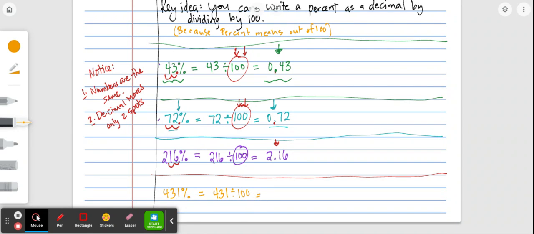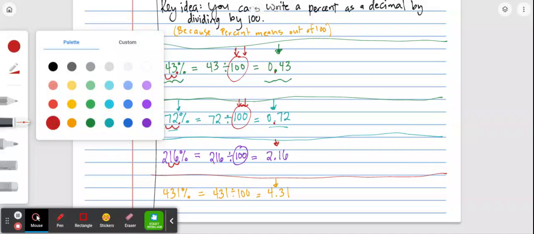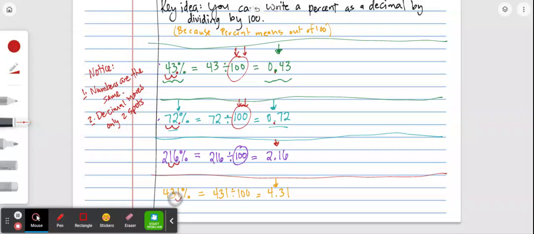And in my calculator, I'm going to notice that I get 4 and 31 hundredths. Again, that decimal place does not move so that all of them are to the right of the decimal. What happened is my decimal point moved 1, 2 spots. So it's between the 4 and the 3. Okay.